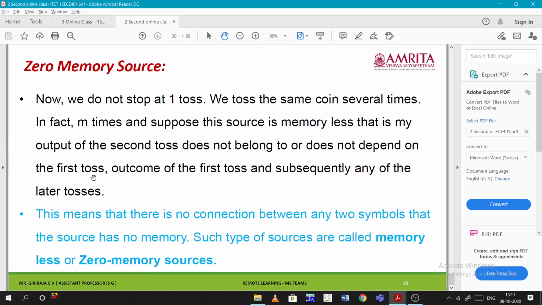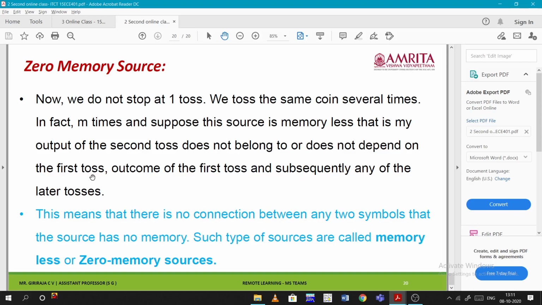So it is not a dependent event. If we got head on the first toss, we can't say the second will be tail. They are completely independent events. The outcome of the first toss and of any of the later tosses are independent. This means there is no connection between any two symbols, so the source has no memory.